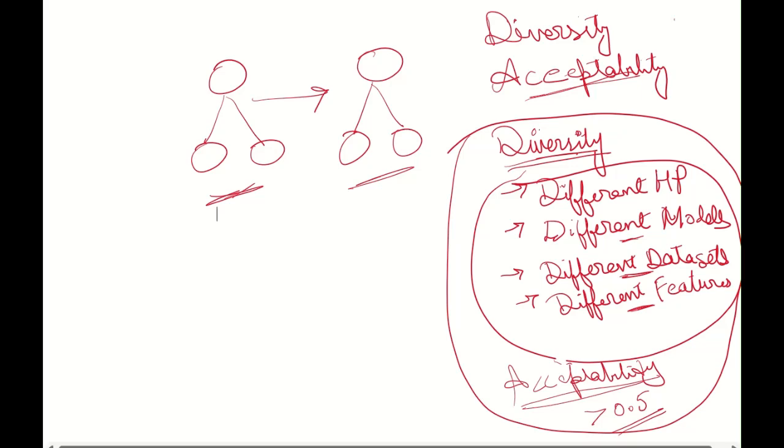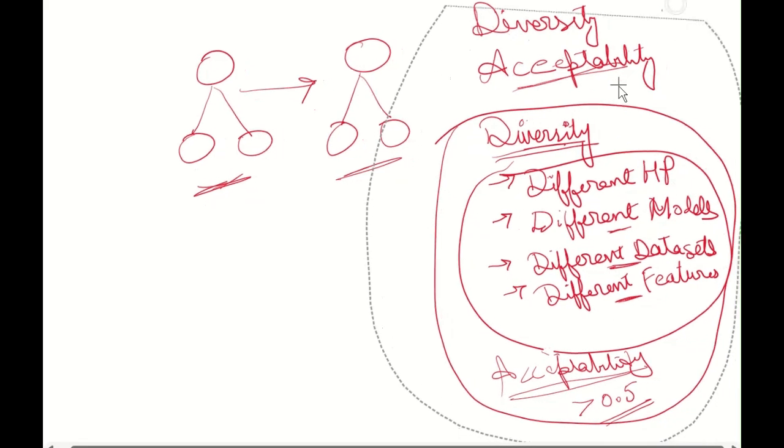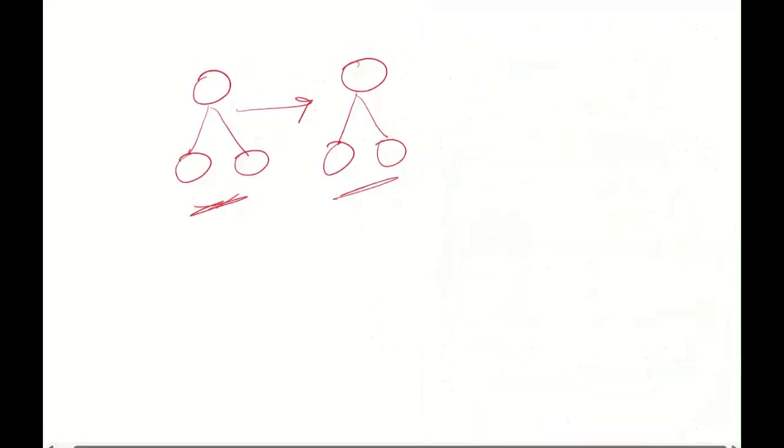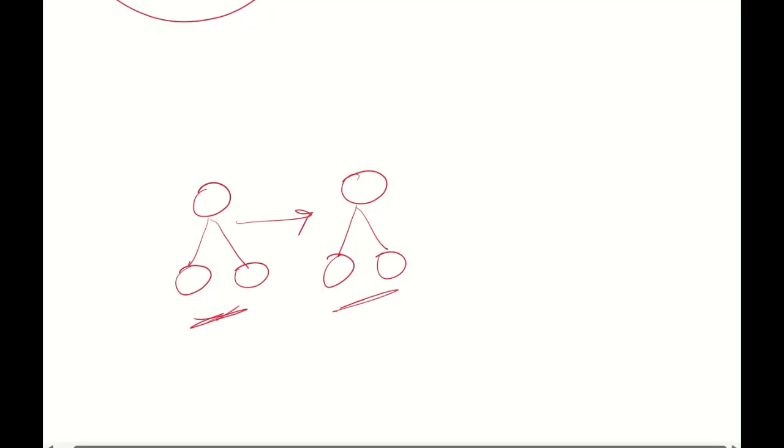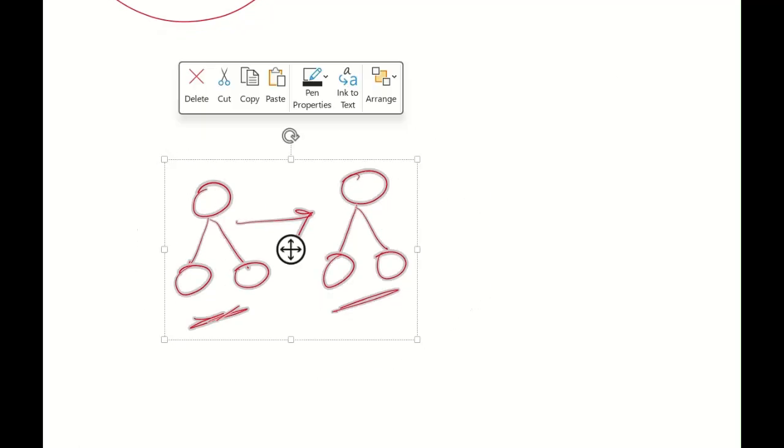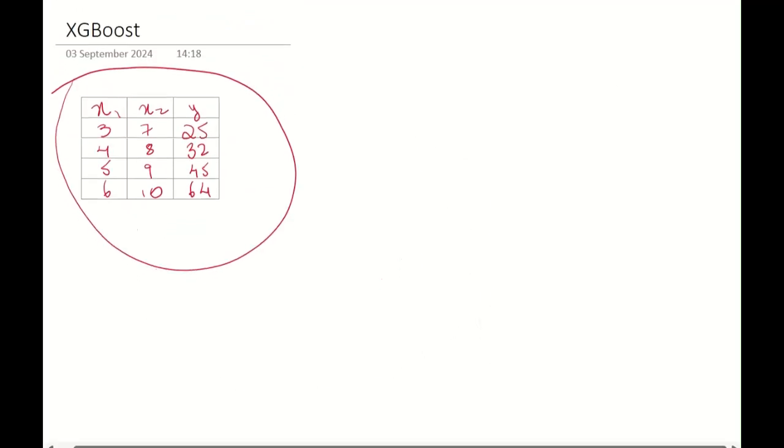Let me clear all of this now so that we can go ahead. This is about XGBoost. Each of these decision trees that we see is called a weak learner.